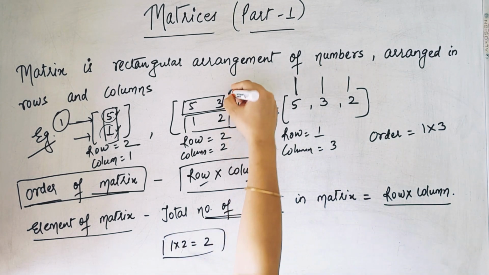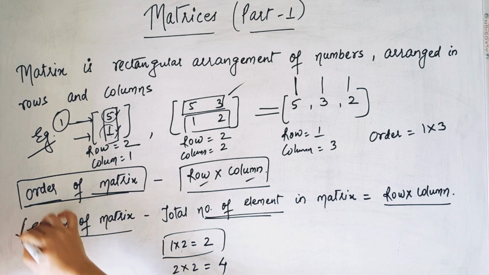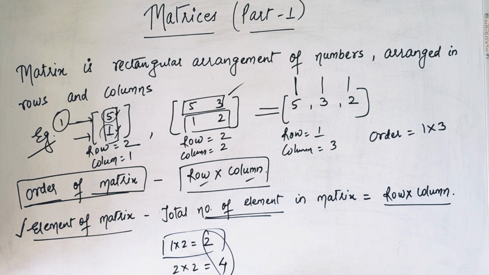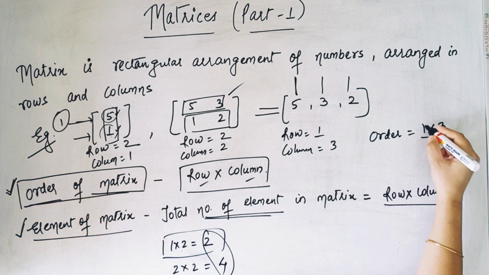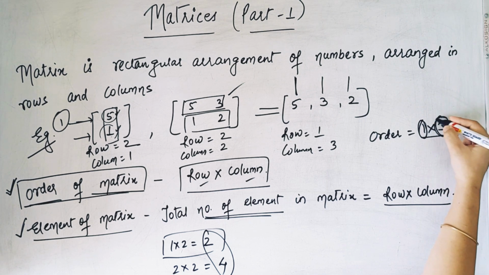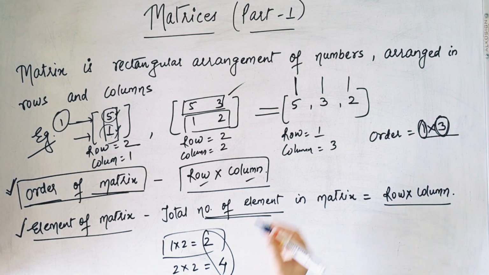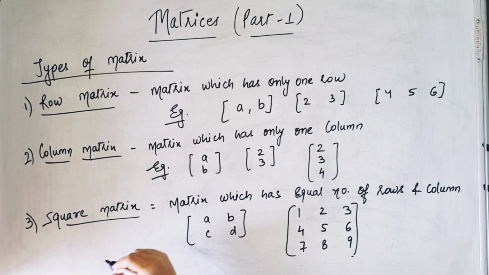In the second matrix the total number of elements is 2 into 2, 4. When we have to find the number of elements, then only we multiply. But when we have to find the order, we won't multiply, because this 1 indicates the number of rows and this 3 indicates the number of columns. For the third matrix similarly, the number of elements will be 1 into 3, that is 3.